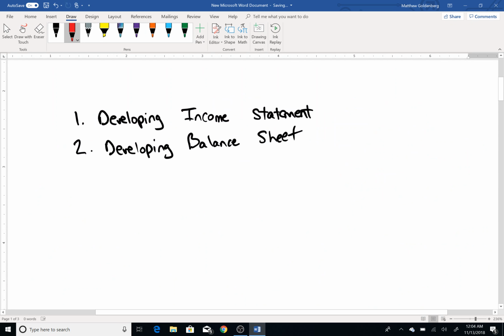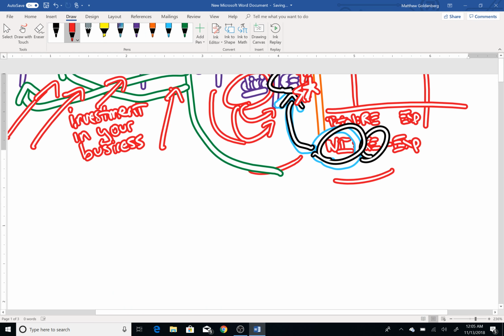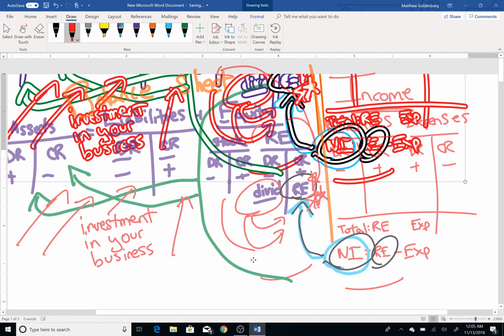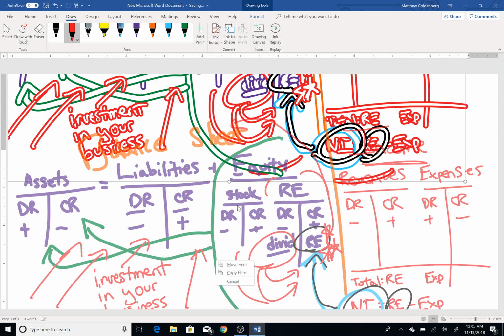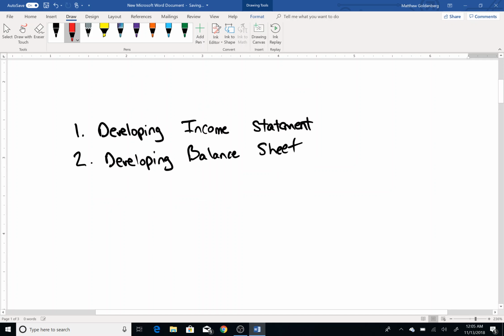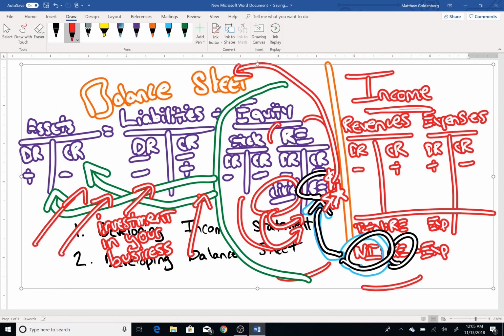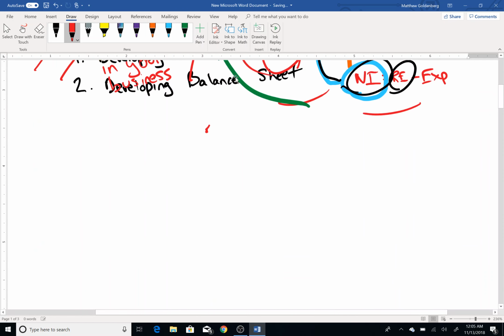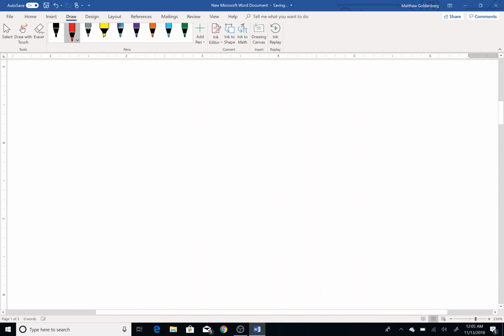So if I'm scrolling down and not destroying my beautiful picture with all the squirrels, I'll let it go. Often you're doing this at the same time. Often you are doing your balance sheet and your income statement at the same time.